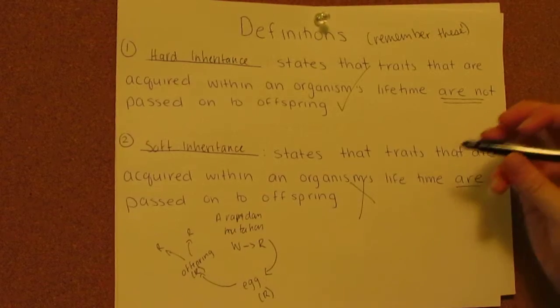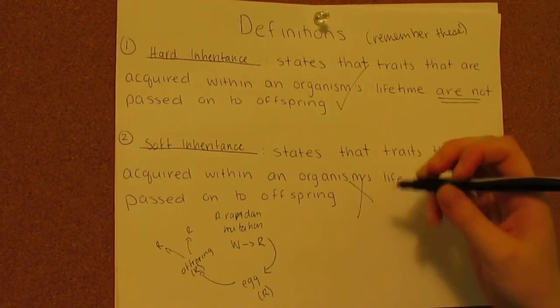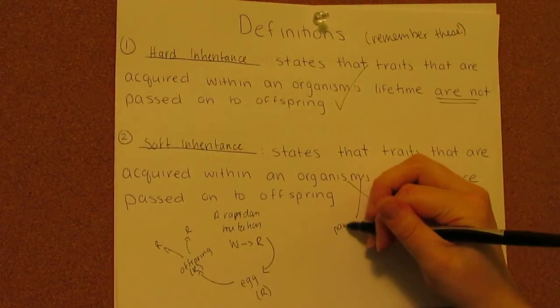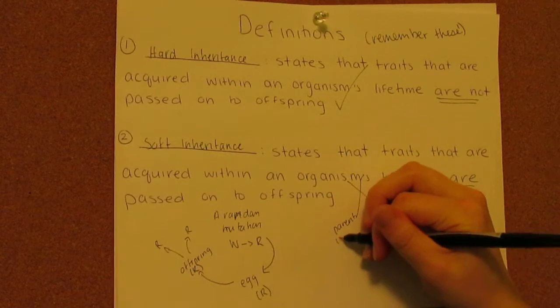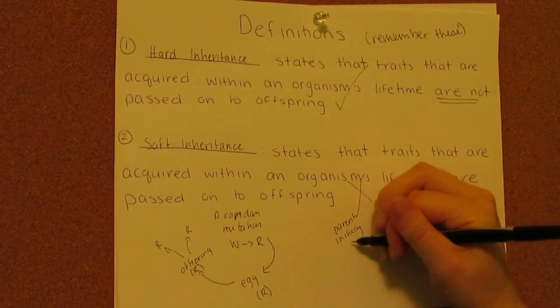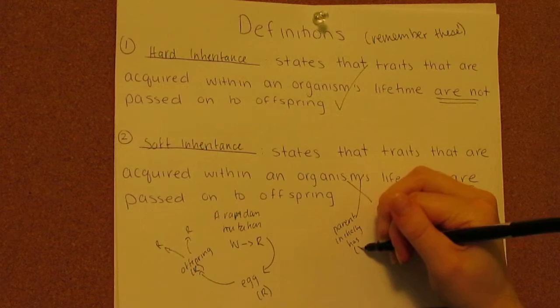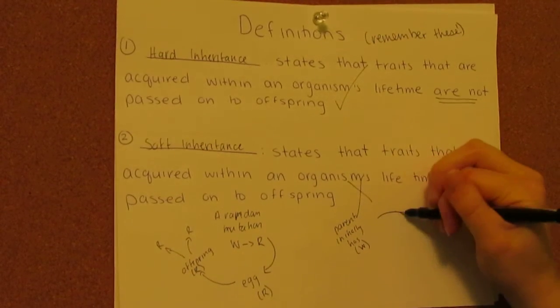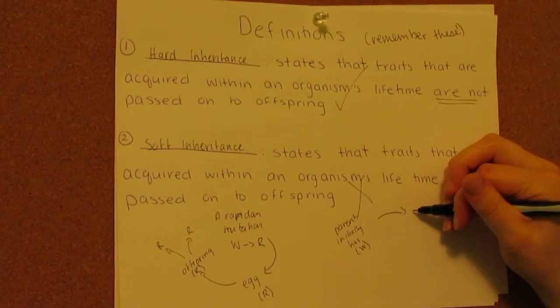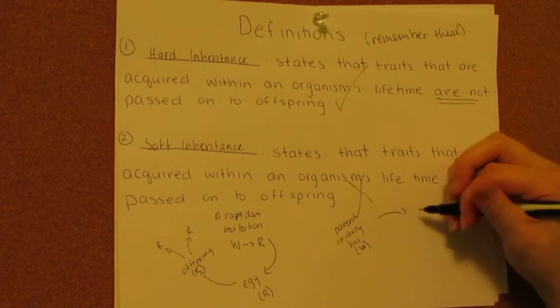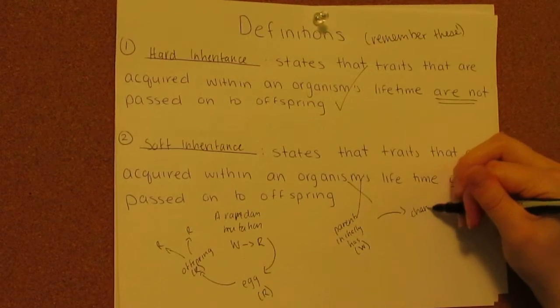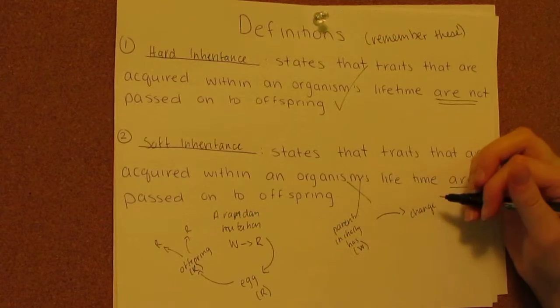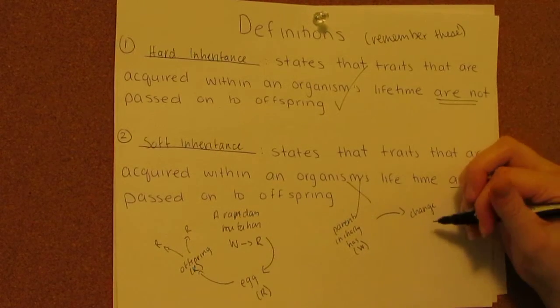So, for soft inheritance, the parent initially also has white coloring, but what happens is there's no mutation in the genes that are passed on. There's just a change in coloration because of environmental challenges, for example.